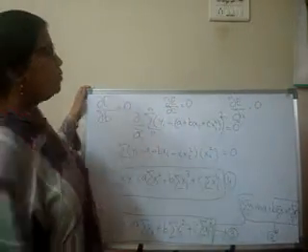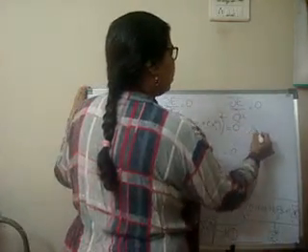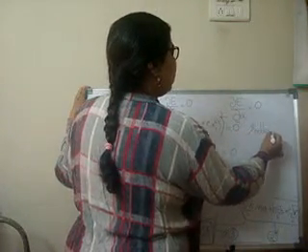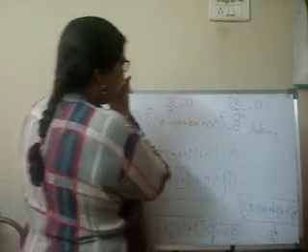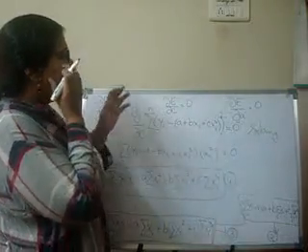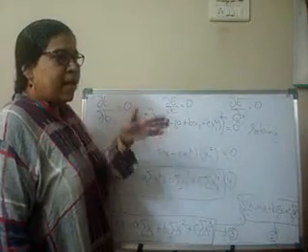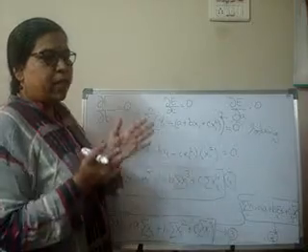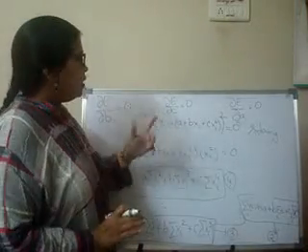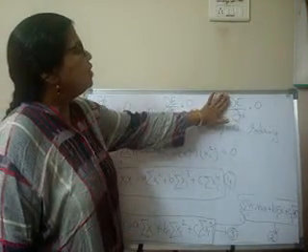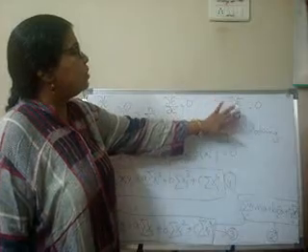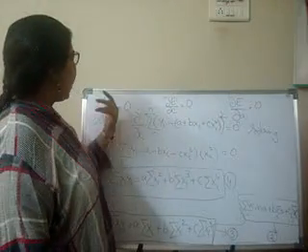Now solving. So we have taken error sum of square as yi minus the whole yi whole square, and then we have done partial differentiation with respect to a, b and c.